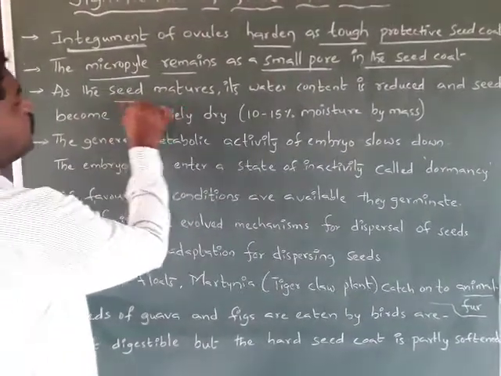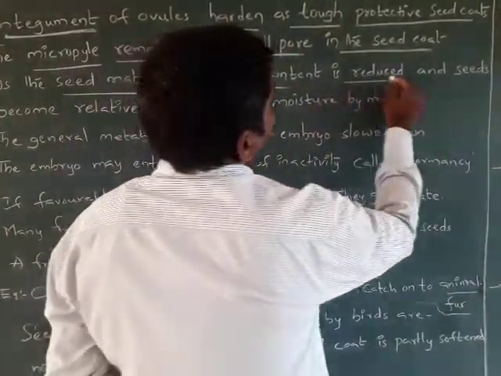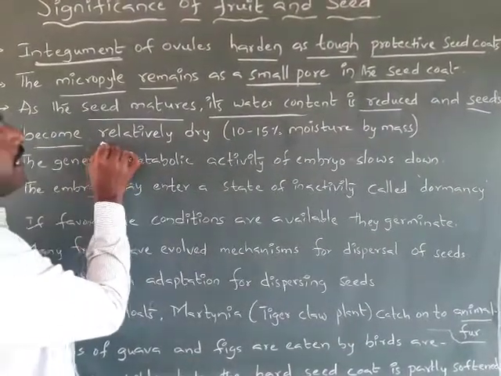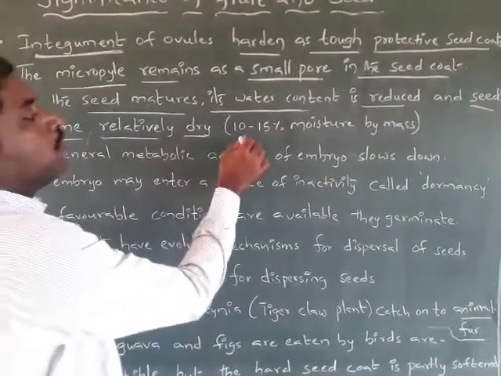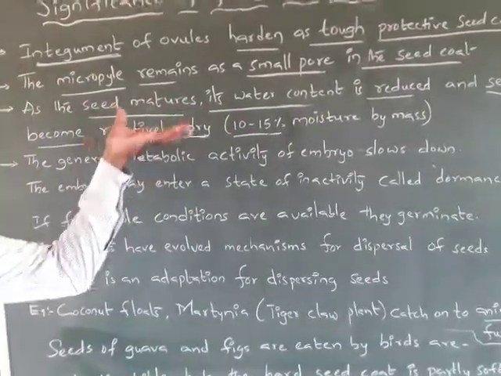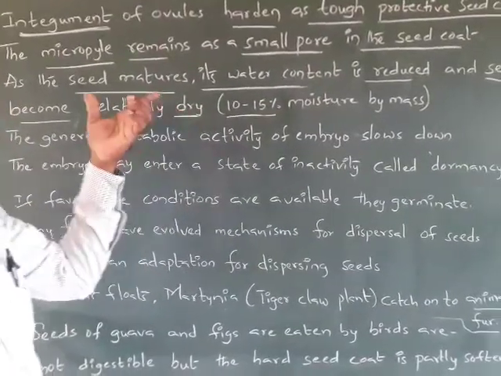As the seed matures, its water content is reduced, and the seeds become relatively dry, up to 10 to 15% moisture by mass. This is the dehydration process.